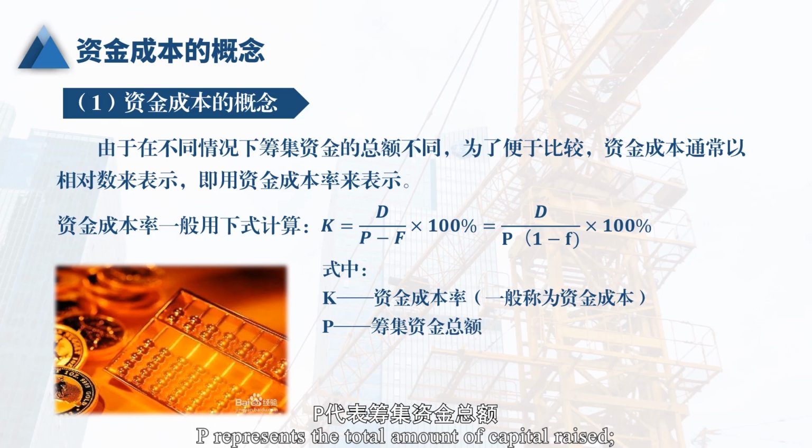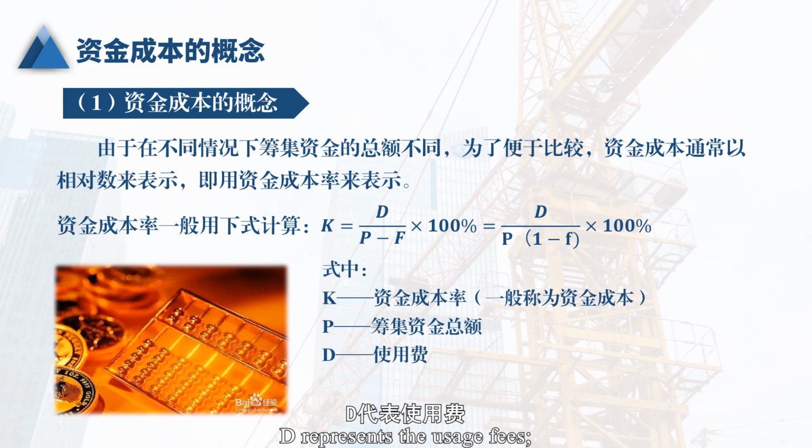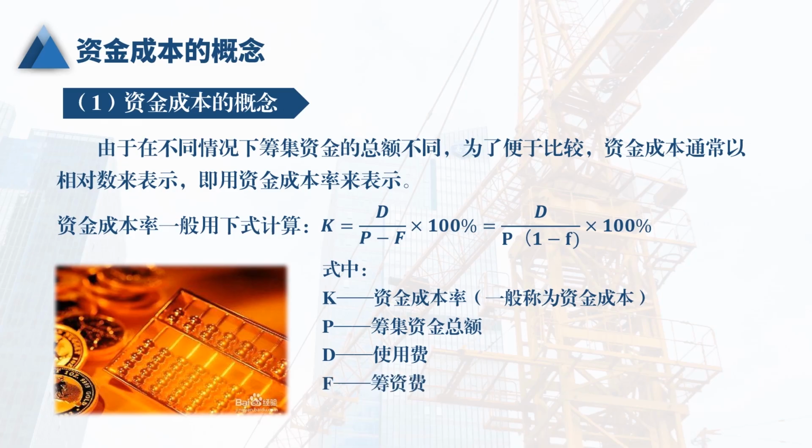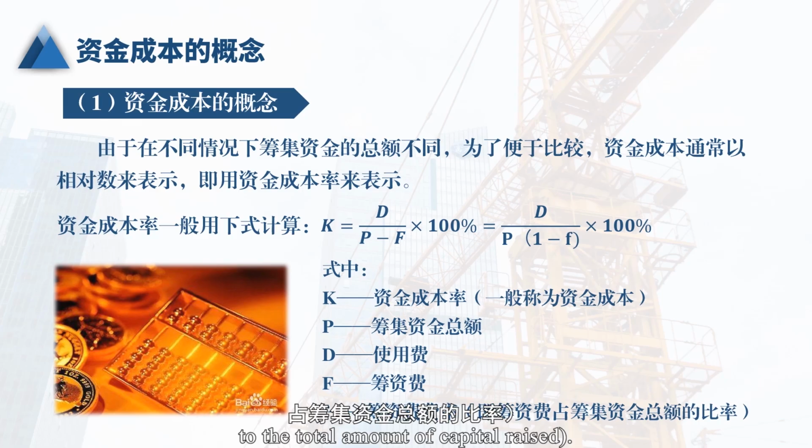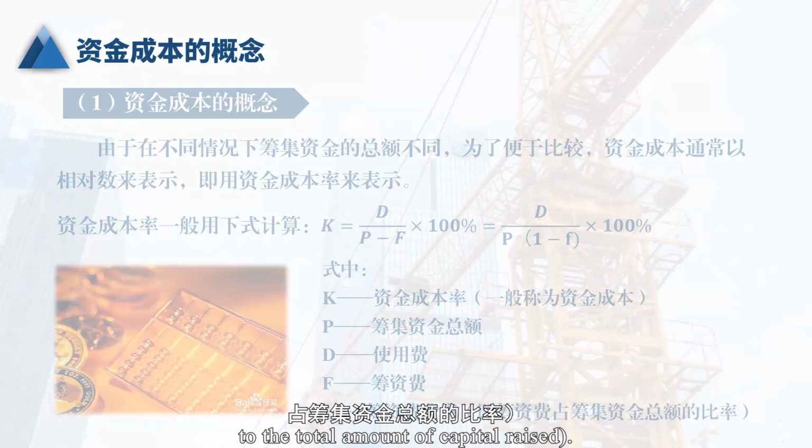P represents the total amount of capital raised. D represents the usage fees. F represents the fundraising expenses. f represents the fundraising expense ratio. That is, the ratio of fundraising expenses to the total amount of capital raised.